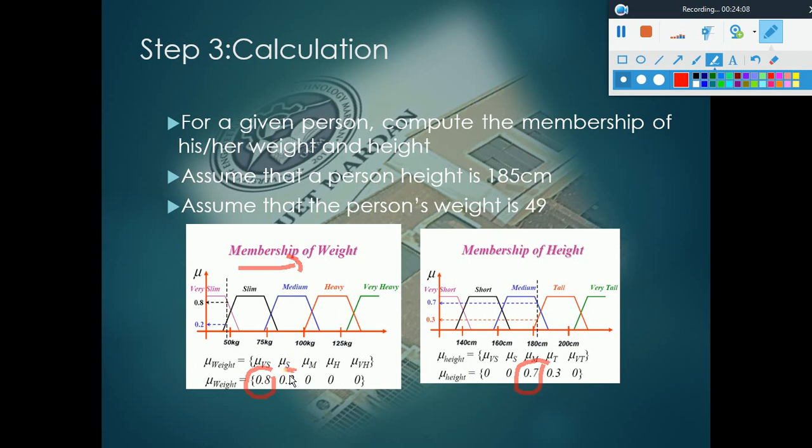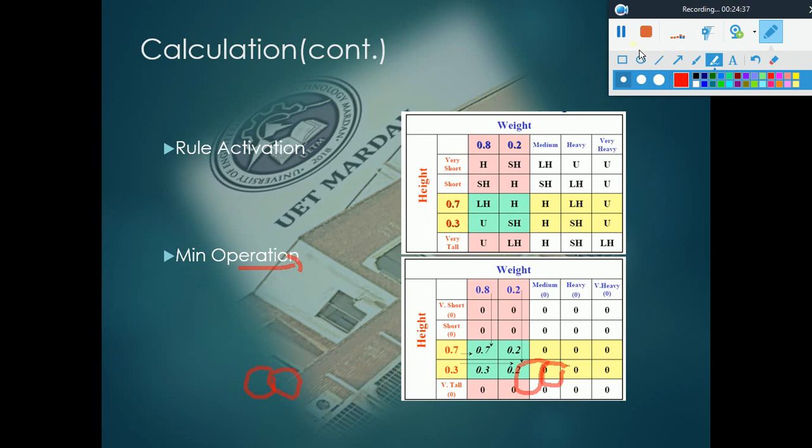And if a person is 0.2 short and 0.3 tall, then that person will not be too healthy, somehow healthy, a little healthy.